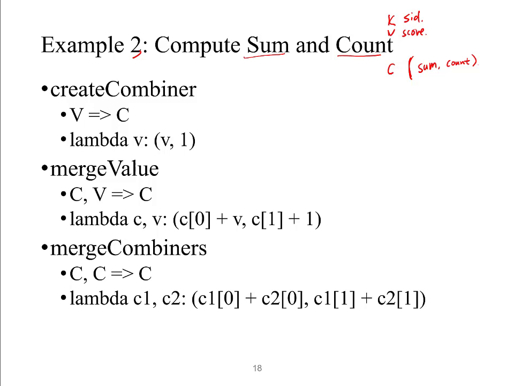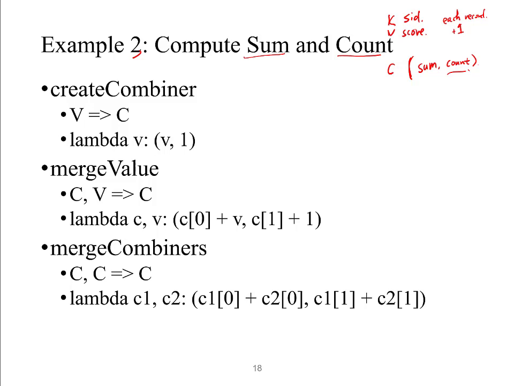Basically, for sum, we add up all the scores, we get the sum, right? And for count, for each record, we add 1. That's how we get the final count value of the number of records corresponding to a single key. All right.